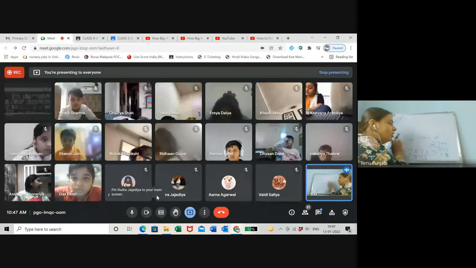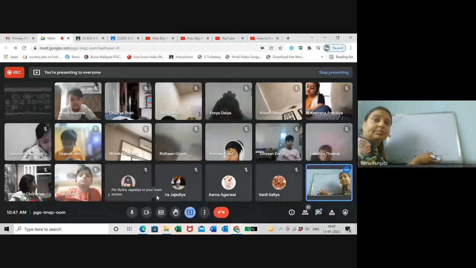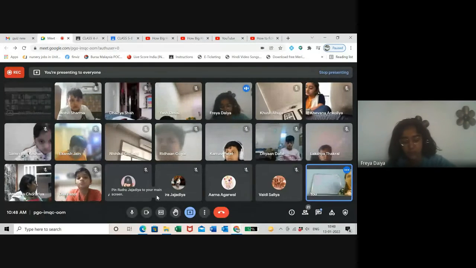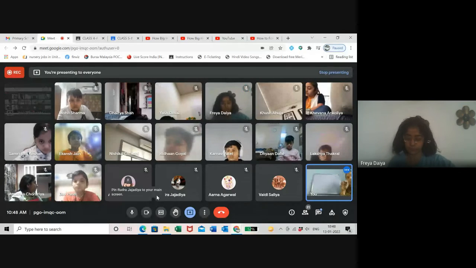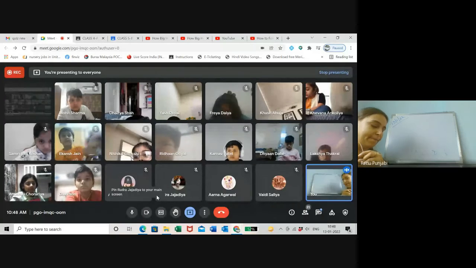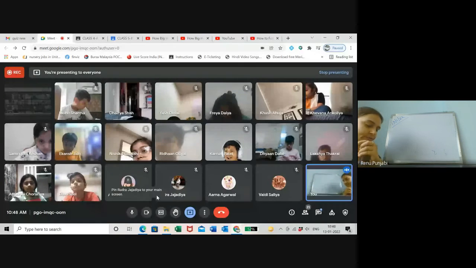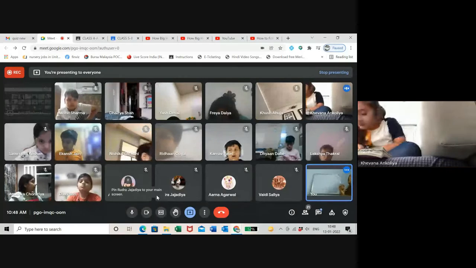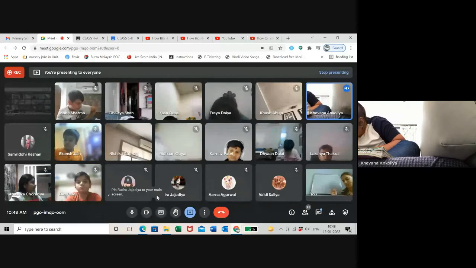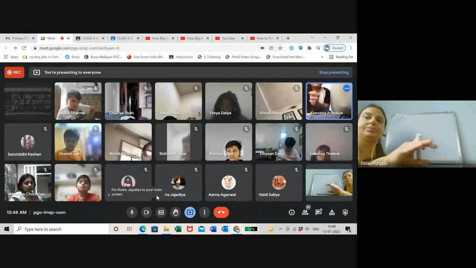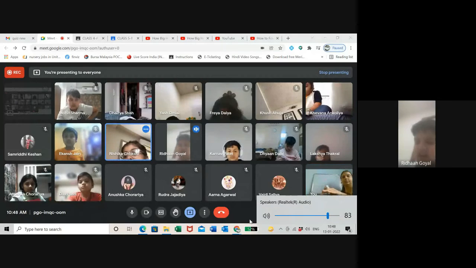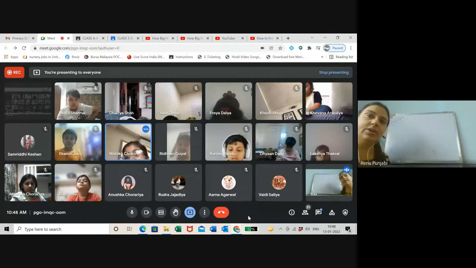Find out what is the volume of the first box. The first box is 1200 centimeter cube. Yes, right, Freya. What is the volume of second box? Second box, the volume is 1210. Yes, right. What is the volume of third box? 1350. Very good.